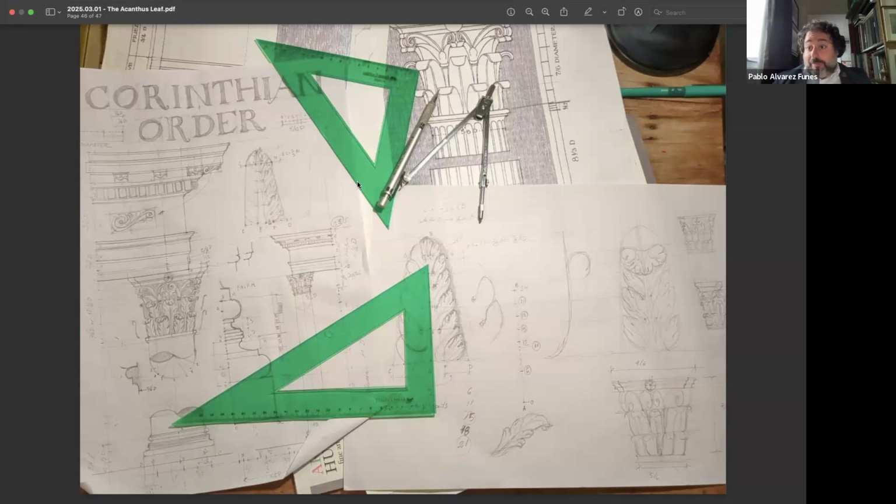Even if nowadays we have all the values of the systems, we need to understand why architecture was done the way it was perceived and conceived. We cannot sin of presentism in this case. So philosophy is very important. It's the world of ideas. It's very important to understand this architecture.